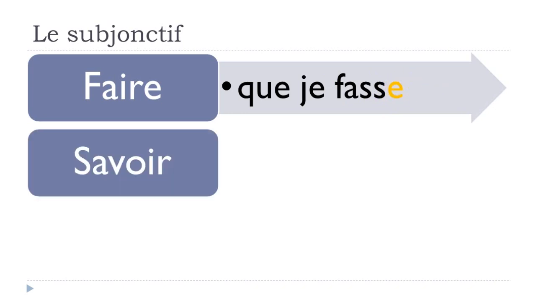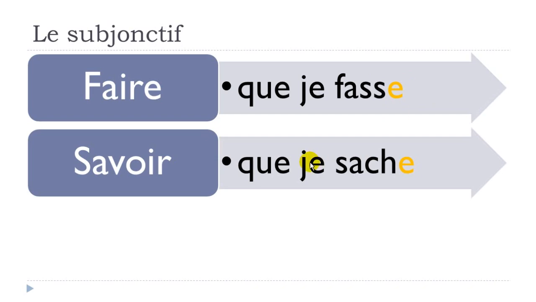All right. Savoir will give you que je sache. Same thing here: you take the first part away, and after that you put the endings that we saw, ES, IONS, IEZ, ENT, according to the person.